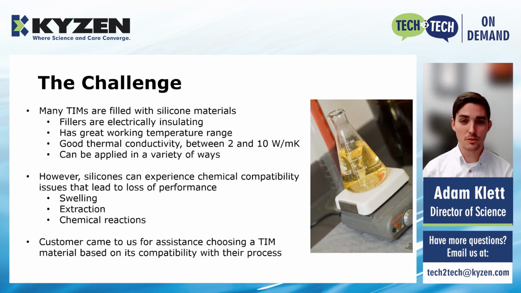For example, silicones can be utilized down to around -200 degrees C up to around 300 degrees C with no worries of thermal degradation. They also have very good thermal conductivity. A lot of the good products out there that are commercially available can range between 2 and 10 watts per meter K, which makes them very useful for transferring heat away from components that generate it.